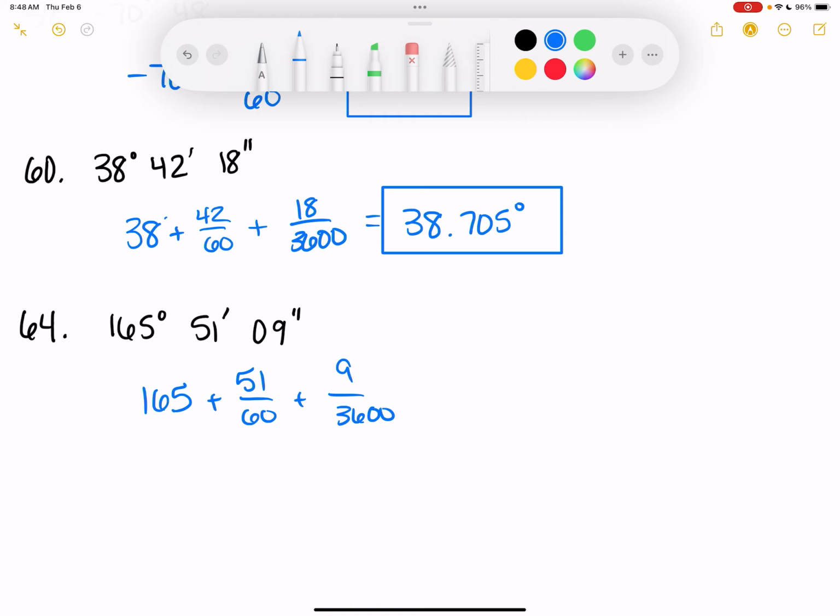So, yep, it sure enough did it again. Math, dart decimal. And when we do that, it gives us 165.8525, but the instruction said to round to the nearest thousandth of a degree, so I'm going to round it to 165.853 degrees.